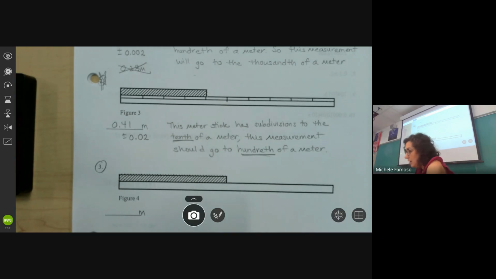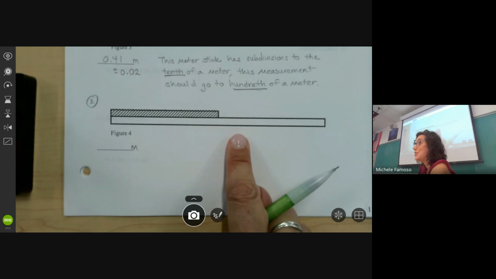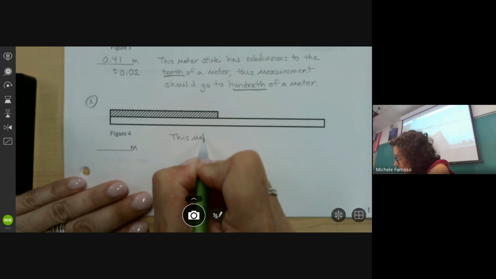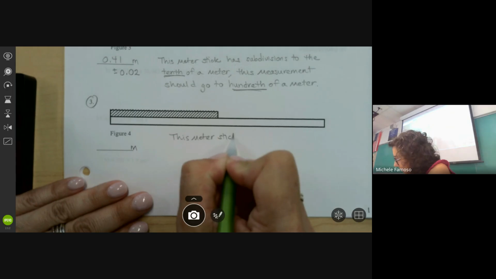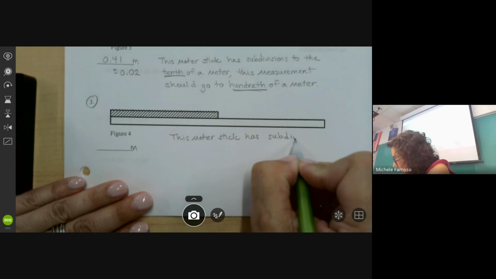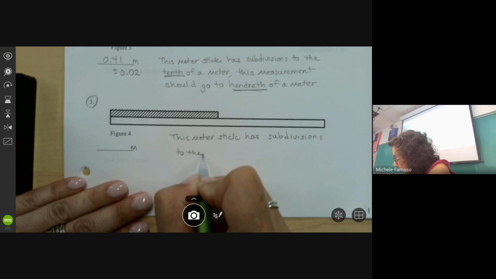Okay. How about number 3? What are the subdivisions on this one? That's right. So this meter stick has subdivisions to the ones place.